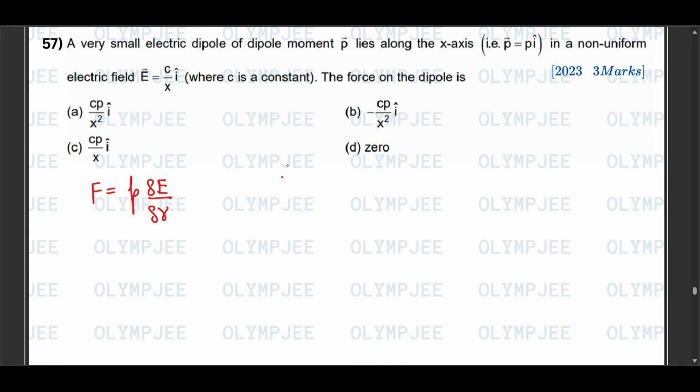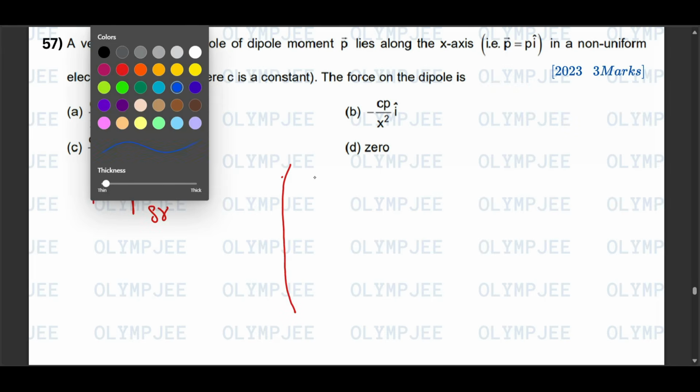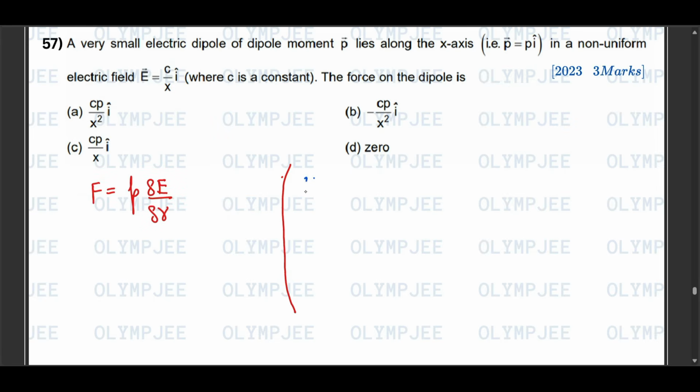How do we derive this? We know that the potential energy of a dipole is given as minus P dot E, and force is given as minus dU by dr. Since P is constant, the minus sign will get cancelled.